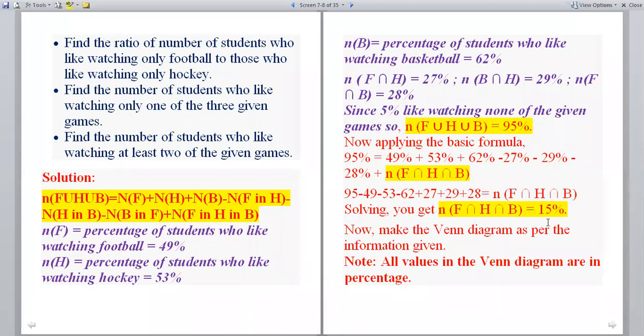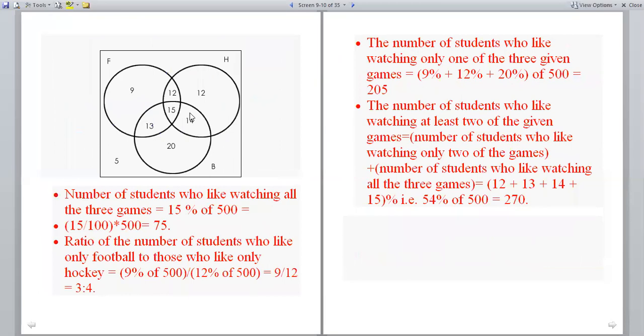Now we can make the diagram, okay? If you are able to understand this, now we are moving to the next diagram. See, at the center it is 15%. Now, how many are liking football and hockey? That is 27%. So from 27, if you subtract 15, you will get 12.